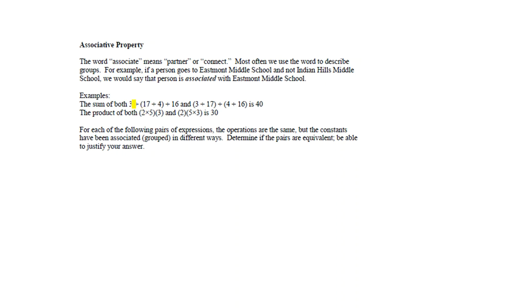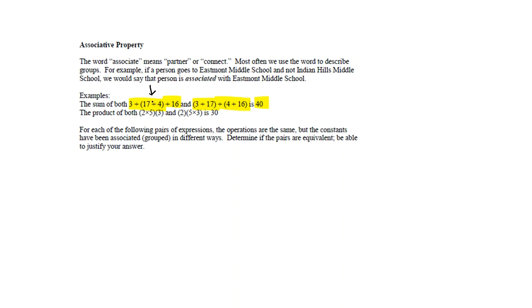The sum of both 3 plus (17 plus 4) plus 16 and (3 plus 17) plus (4 plus 16) is 40. So notice in this case, there were parentheses added. So order of operations would tell us we always do the parentheses first.